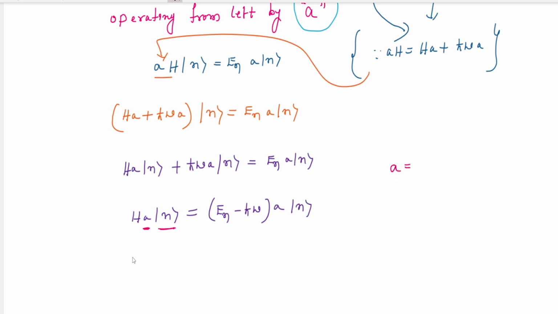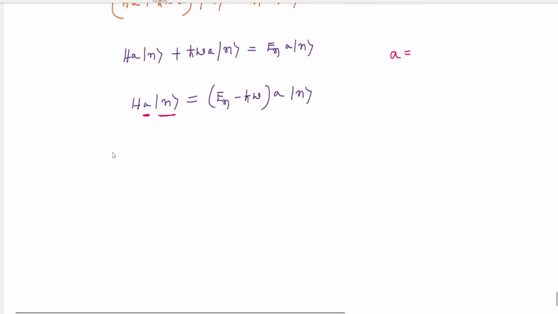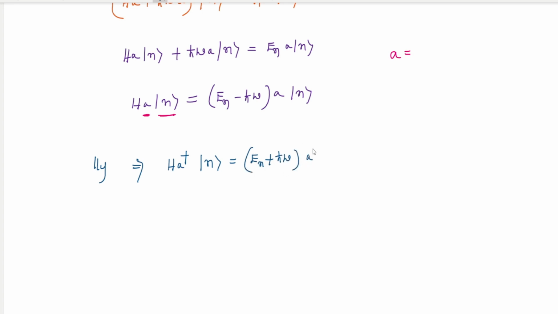In case you try a similar procedure, then you can get this: H A dagger n equals (En plus h cross omega) A dagger n. These two equations are very important.